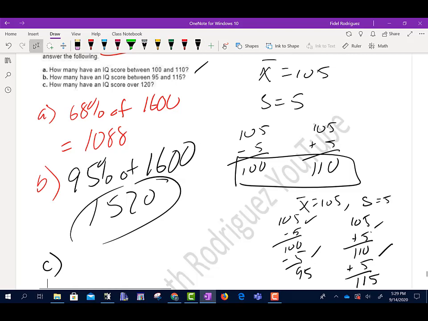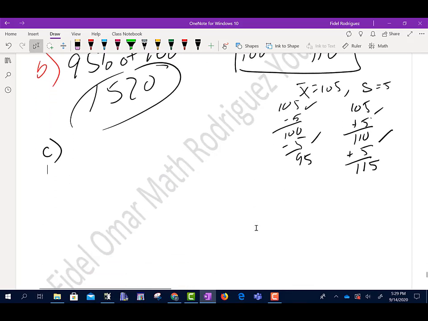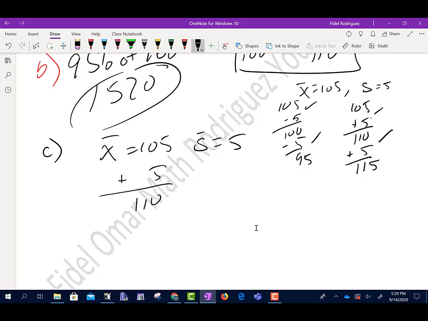And then there is a part C. It says, how many have an IQ score over 120? Let's think about it this way. My X bar was 105, my standard deviation was 5. When we added 5 once, we came up with 110. When we added 5 twice, we ended up with 115.